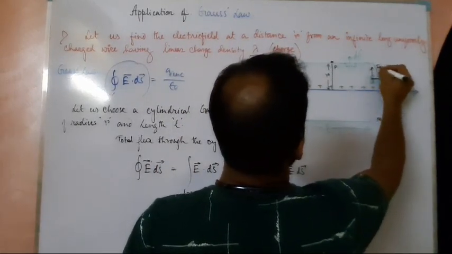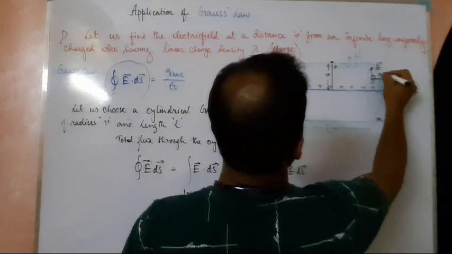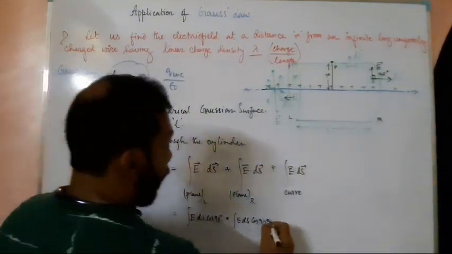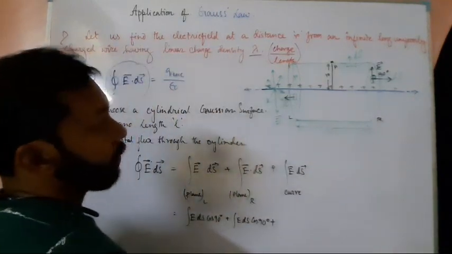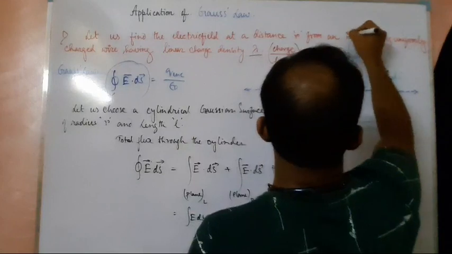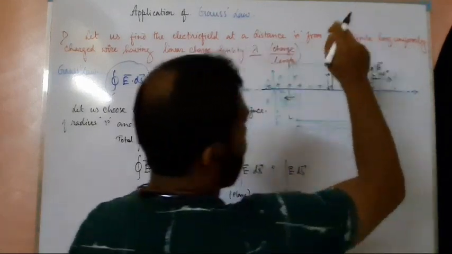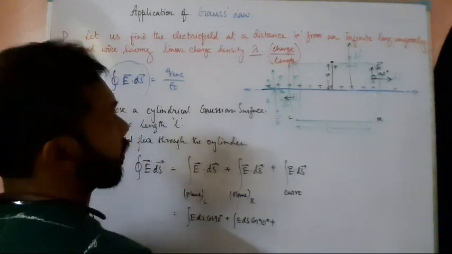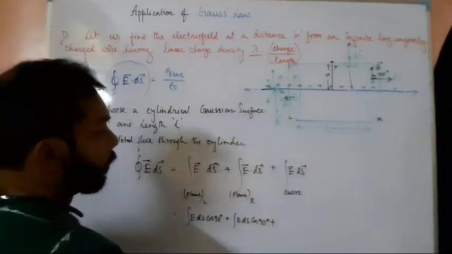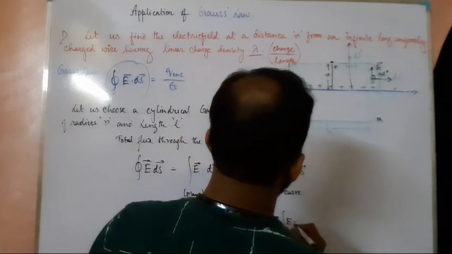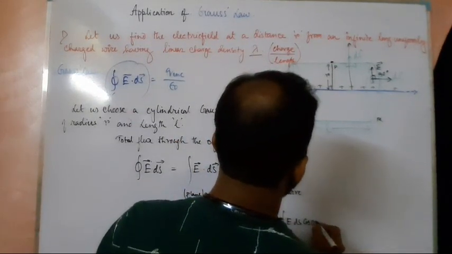But for the curved surface, both the electric field and ds are radially outward, because the curved surface is just perpendicular to the field. Hence, it will become E ds cos 0 degree.